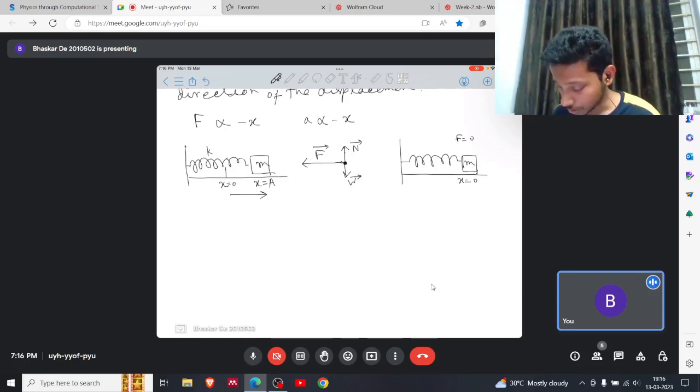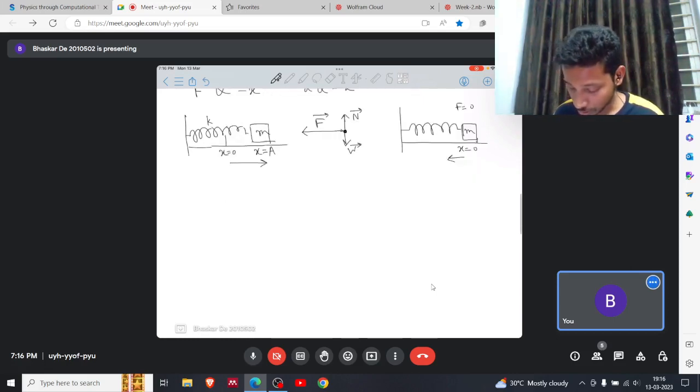So that's why the mass will go to a certain position in this direction, because at x equal to 0 there is a certain velocity. So this is the first scenario, this is the second, now the third.